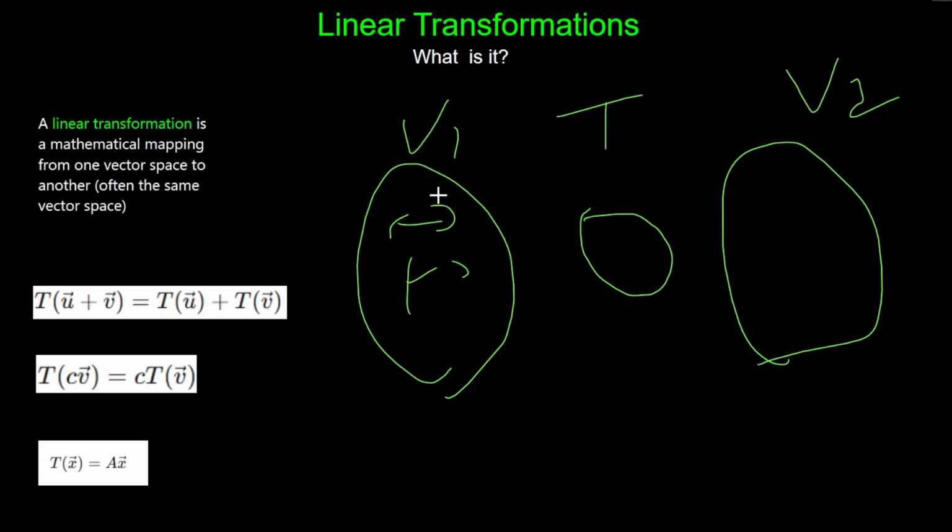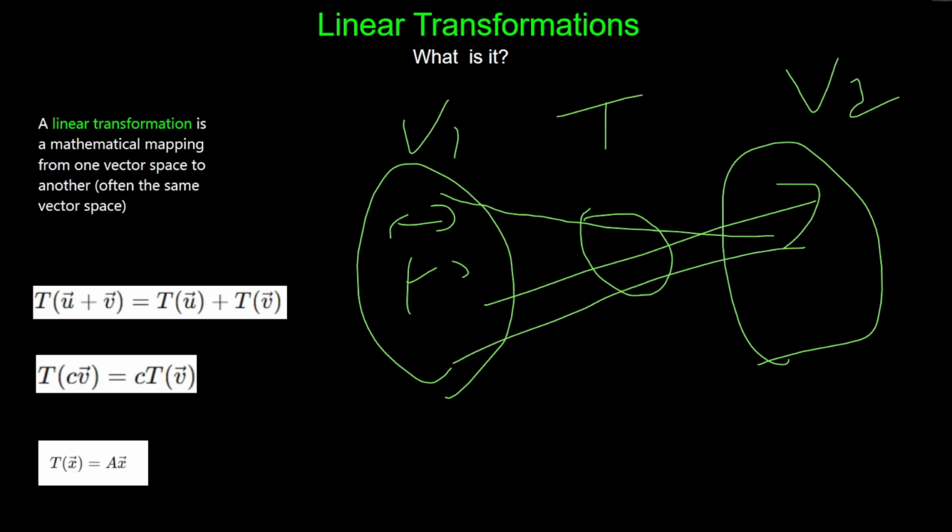So these are mapped to another vector space or the same vector space by doing the transformation, and they follow these two important main rules. They are about closure under addition and scalar multiplication. When vectors are added and then transformed together, it is equal to applying the transformation to the individual vectors and adding them together.